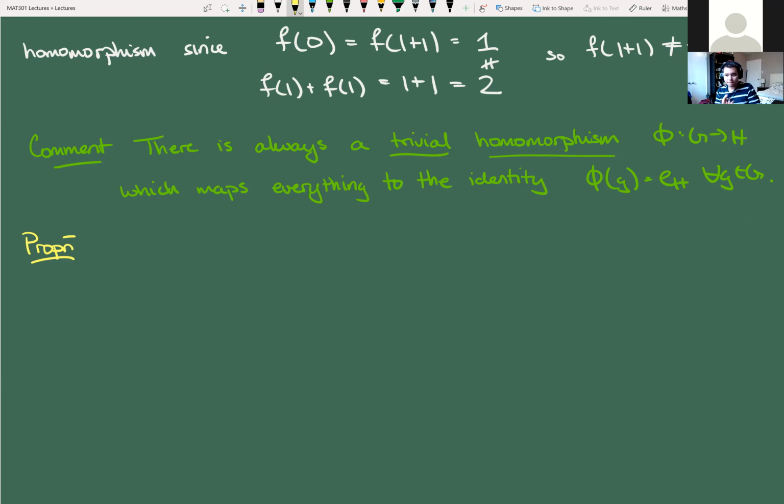So if a group homomorphism is supposed to, in some sense, preserve the structure of the group, then the hope is that it should do something special with the identity and something special with inverses. And if you had to think about it, what should happen as I'm writing down this proposition?